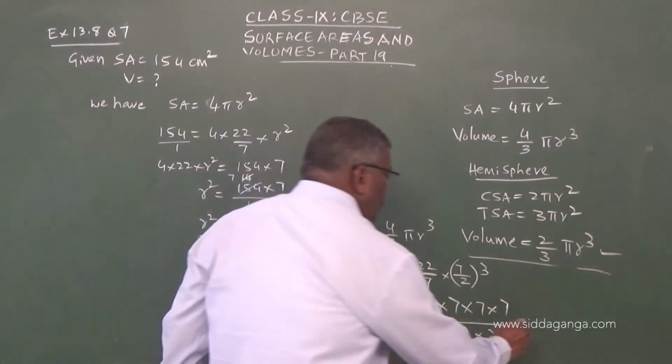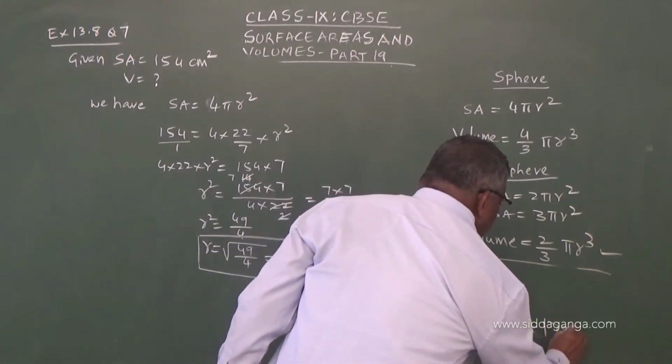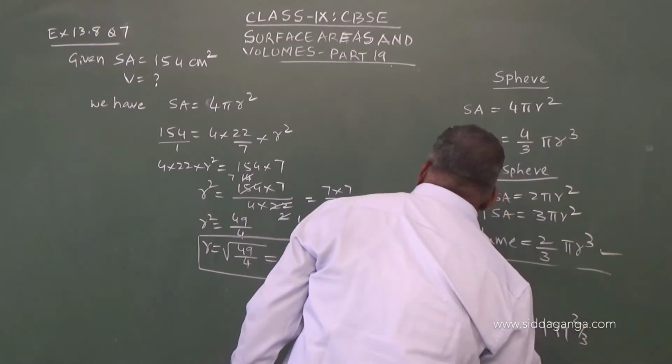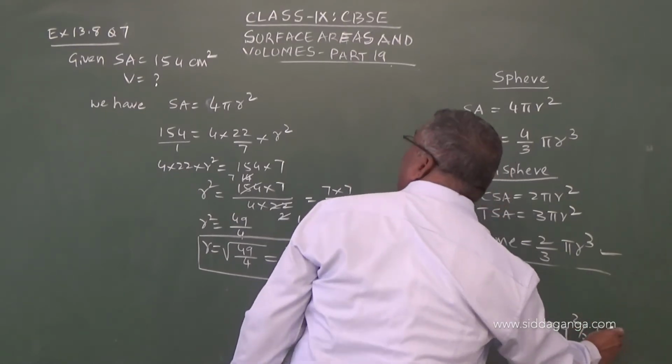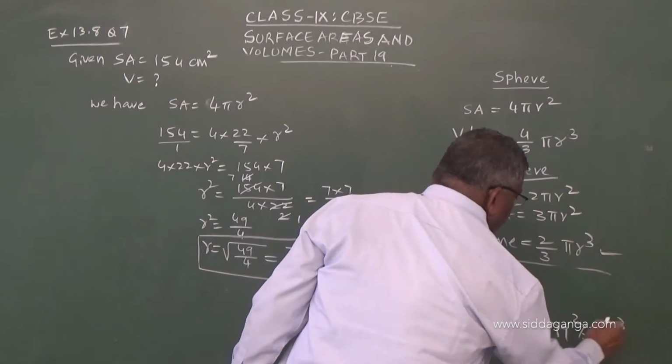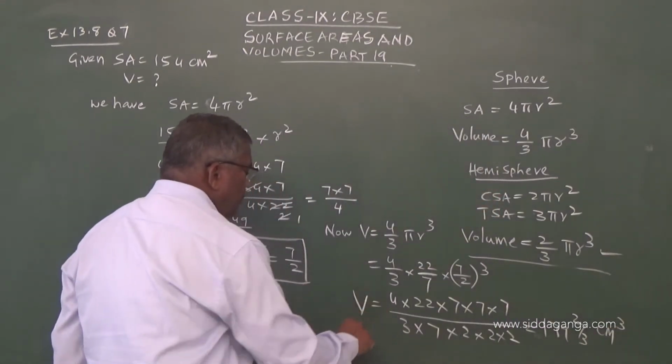Simplify this, you will get 179 2 by 3 centimeter cube. So this will be the volume.